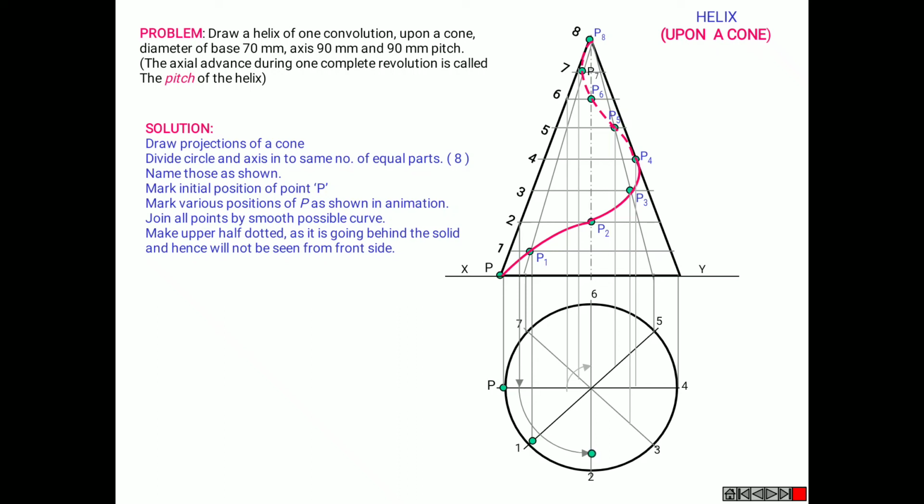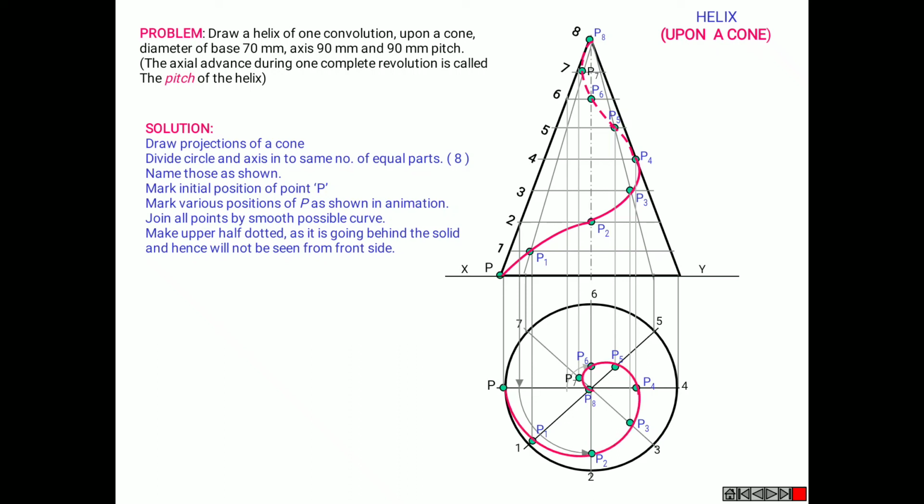So this will be 1, 2, 3, 4, 5, that's a 6, 7, that is 8. Now join all the points, P1, P2, up to P6, P7 and P8. Join the points.